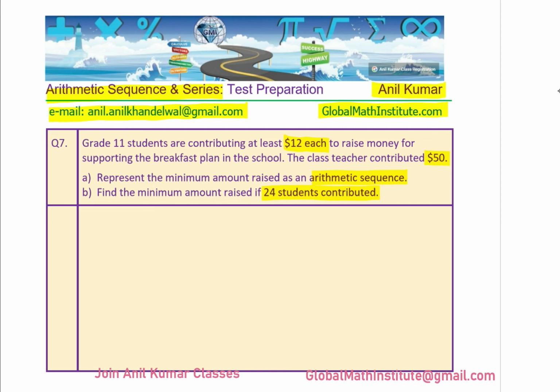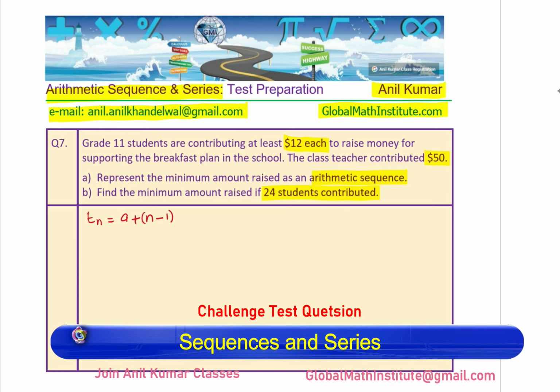The nth term Tn, as you know, is written as a plus n minus 1 times d, the common difference. Now, how do we treat this series? This is kind of important to understand. It says grade 11 students are contributing at least 12 each.